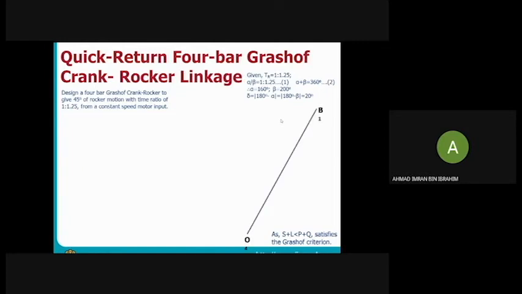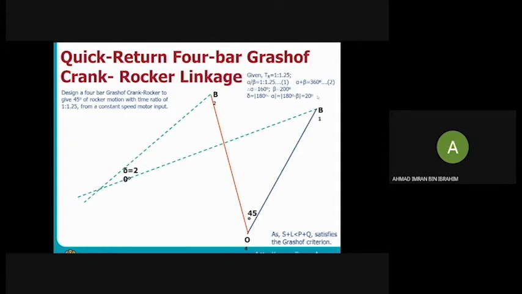This one, O4 to B1, and then O4 to B2, is similar to the first example. The tricky part is to find the delta here, because from B1 you can draw a straight line, and from B2 you draw a straight line. Between these two straight lines, the angle should be 20 degrees, which should be equal to delta.